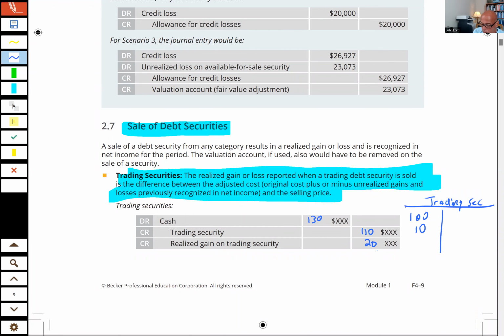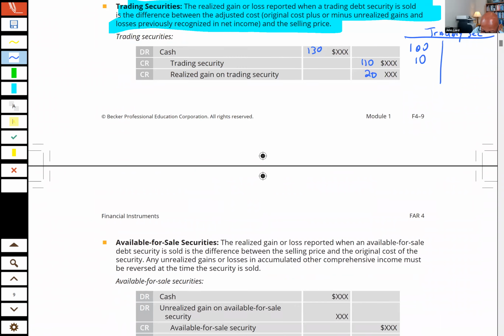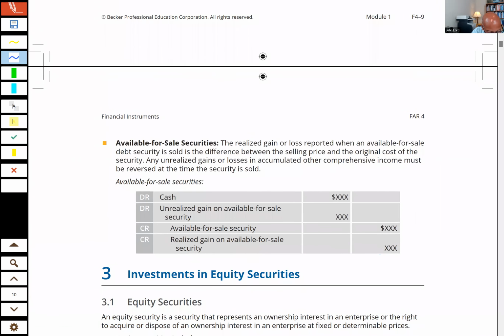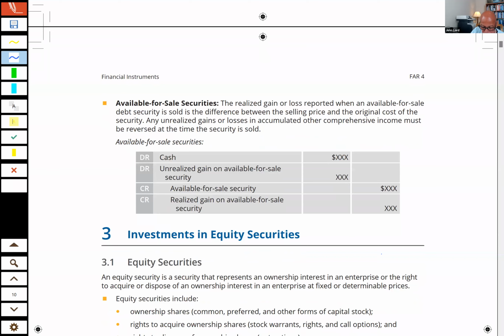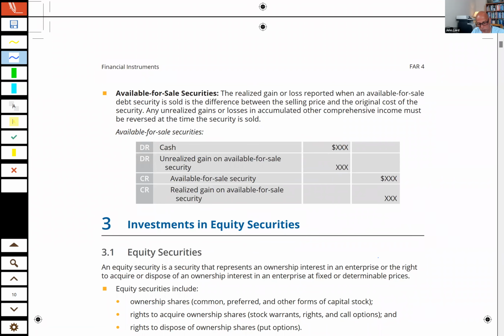Okay, good. Now you come over, and available for sale security is a little bit different. When you look at the available for sale security, the realized gain or loss when an available for sale security is sold is the difference between the selling price and the original cost of the security.